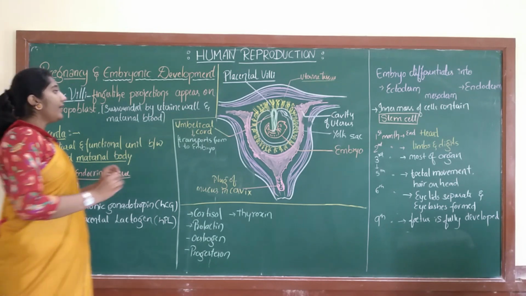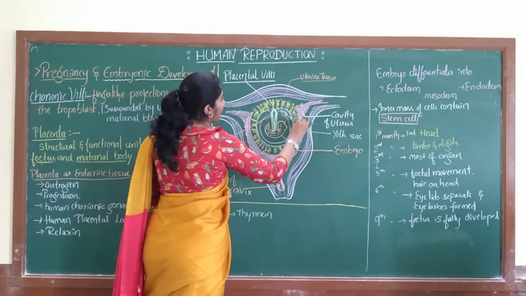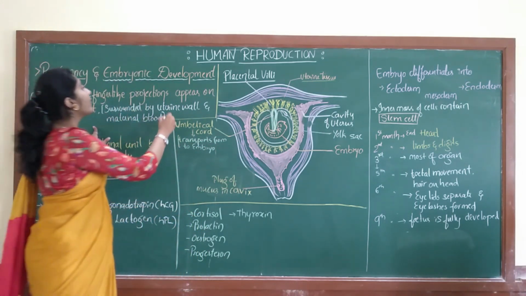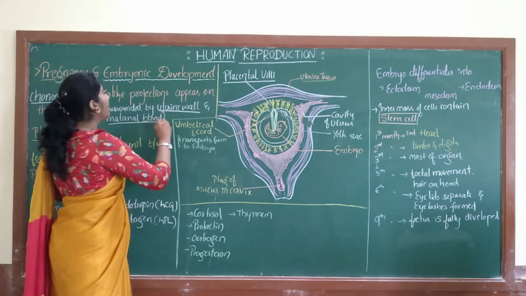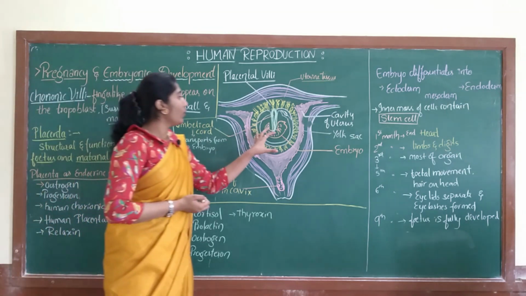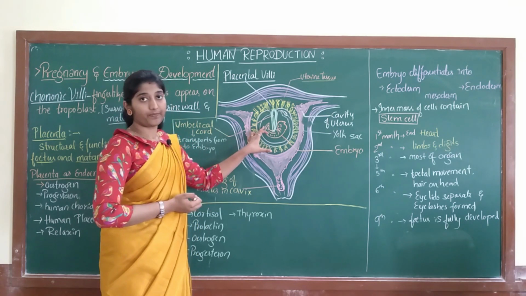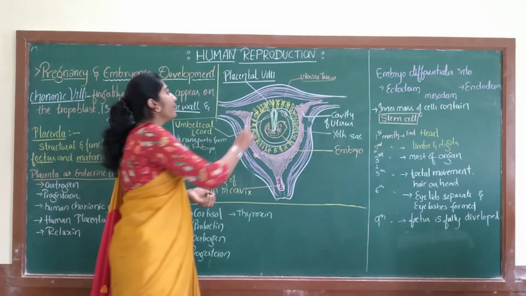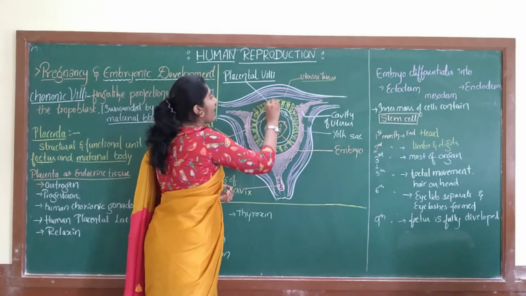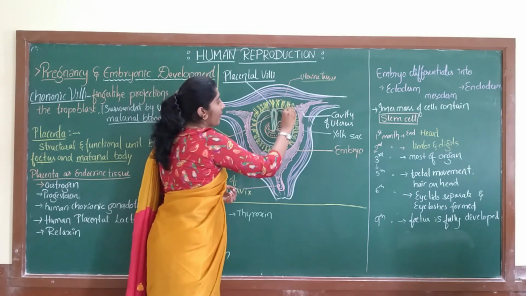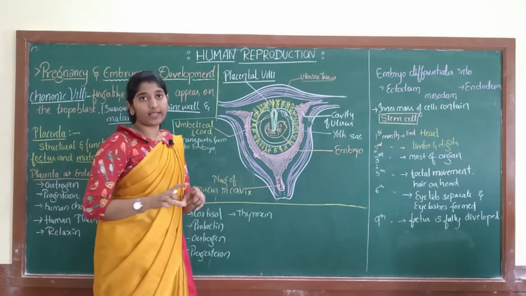And these chorionic villi are surrounded by the uterine wall and maternal blood, within which the developing embryo is present. These chorionic villi are nothing but finger-like projections coming out from the trophoblast layer.